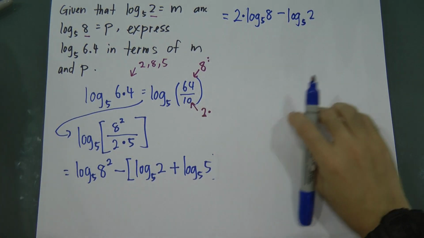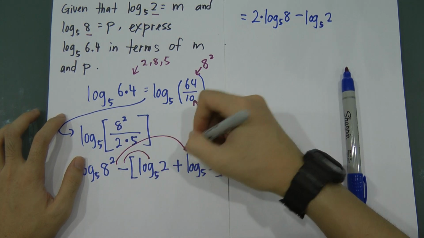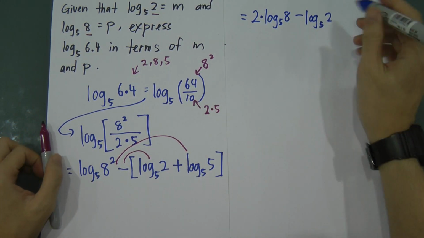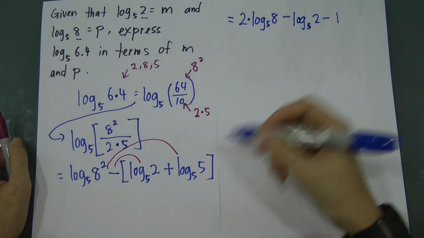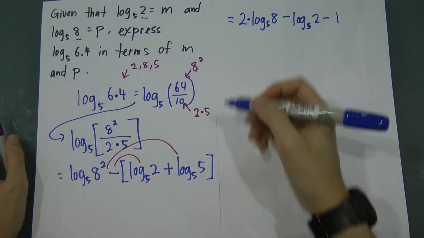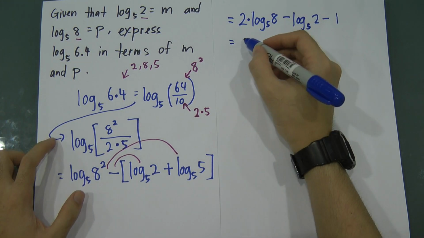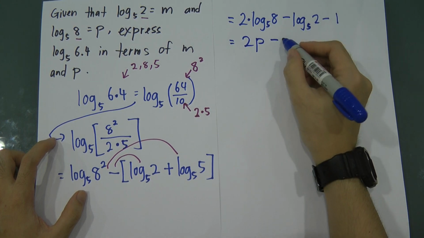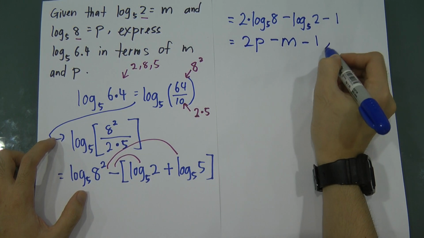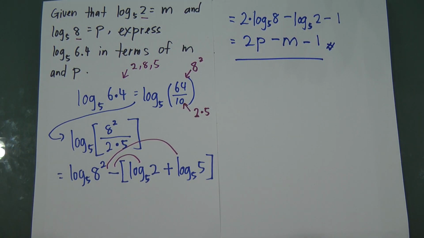Remember the minus has to multiply for both, so this one will be minus also. Minus log base 5 of 5 equals 1. Log base 8 of 8 equals 1. Then it's very simple. Log base 5 of 8 equals p. So this one is 2p minus log base 5 of 2 equals m, minus 1. Then I'm done.